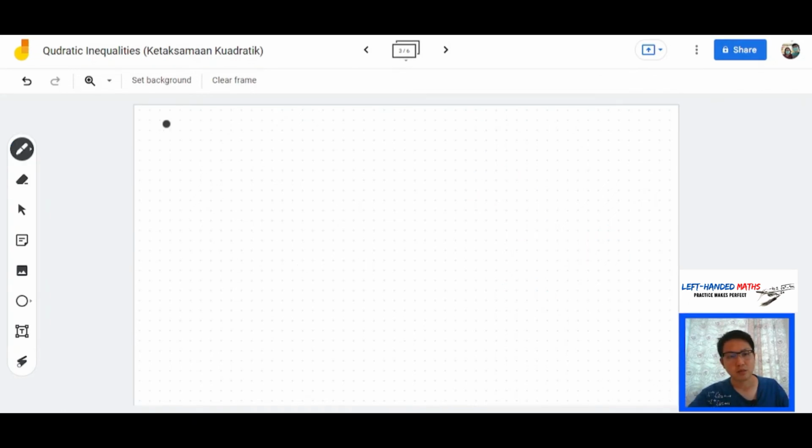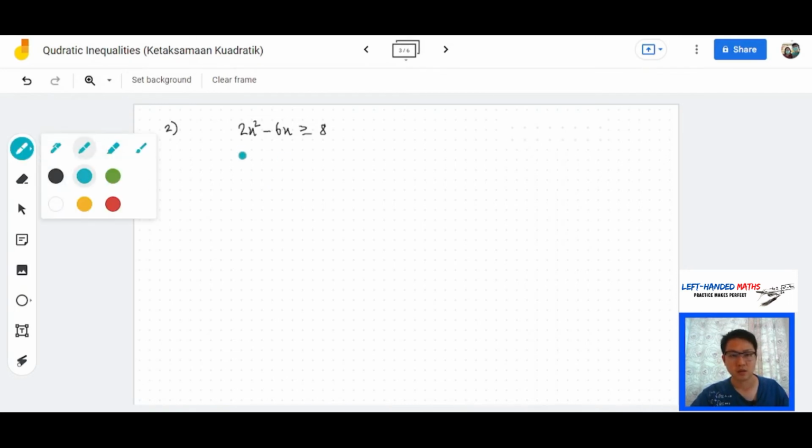The second example is 2x squared minus 6x more than or equals to 8. What we do first is the same: we want to solve this quadratic.